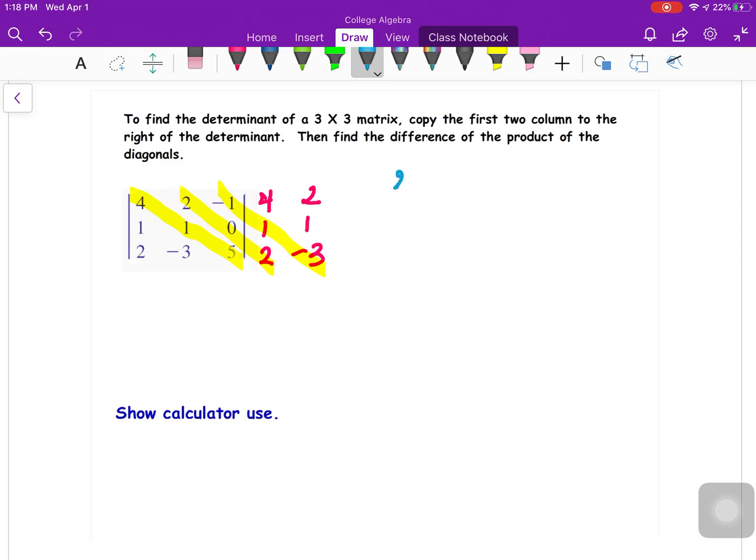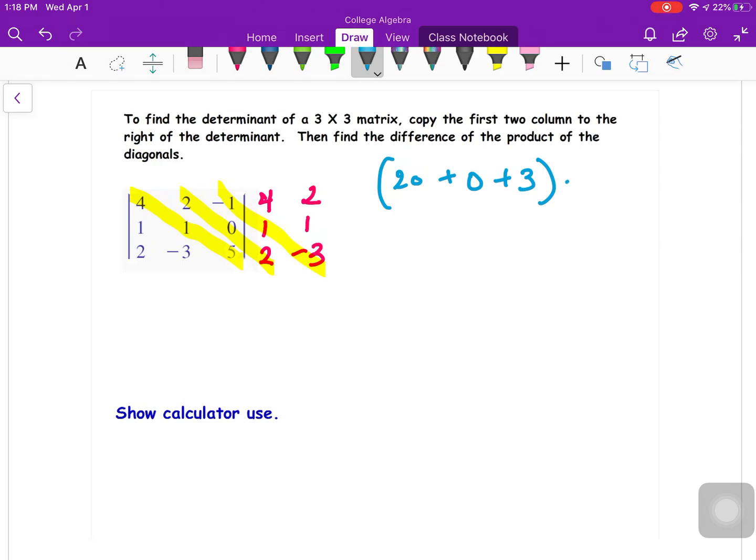So 4 times 1 times 5 is 20, plus 2 times 0 times 2 is 0, plus negative 1 times negative 3 is 3. So there are my first 3 diagonal products.